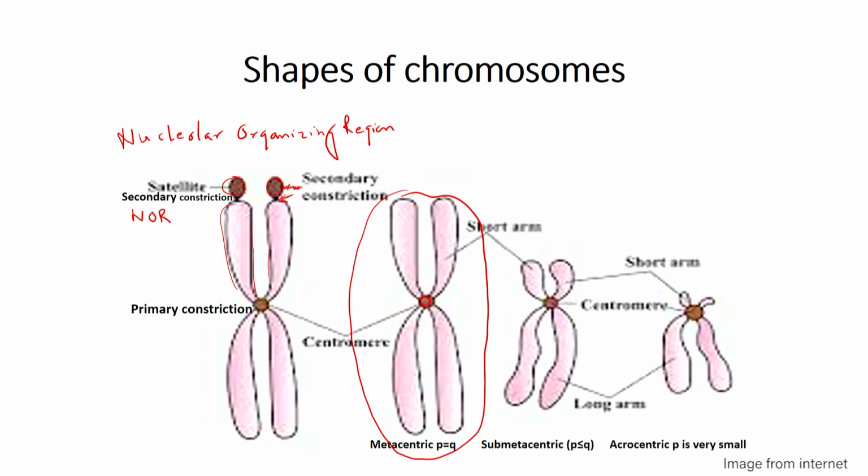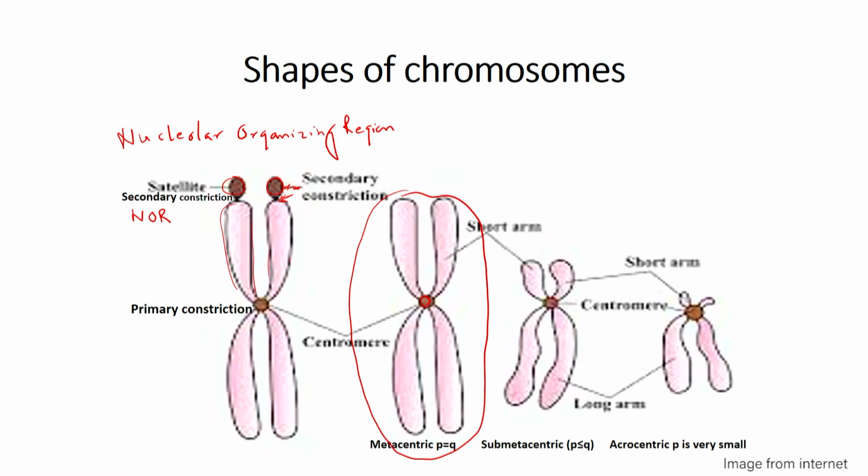All those chromosomes which have the satellite part, or the nucleolar organizing region, if they are nearby and making a lot of ribosomal RNA, a ribosomal RNA cloud will be around that region. And thus, this will appear as the nucleolus. Maybe I will try to show you with the diagram also.